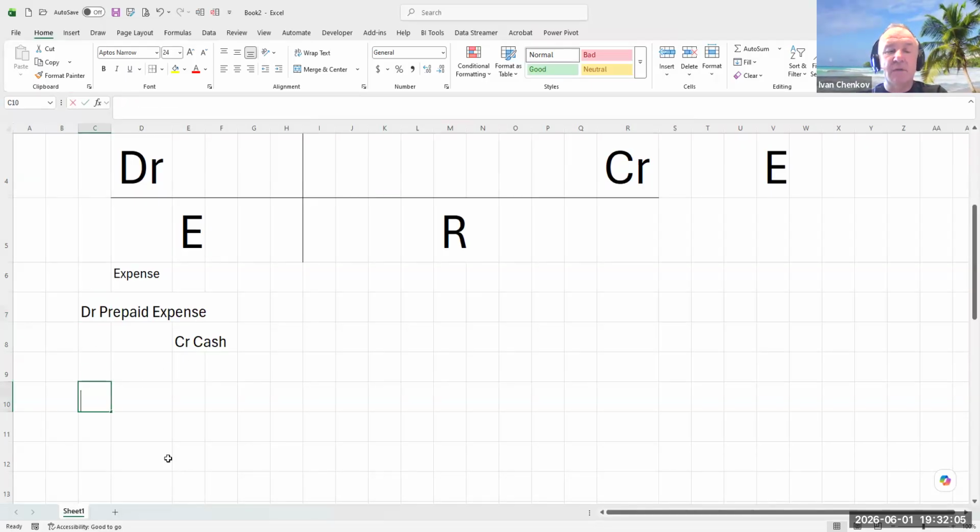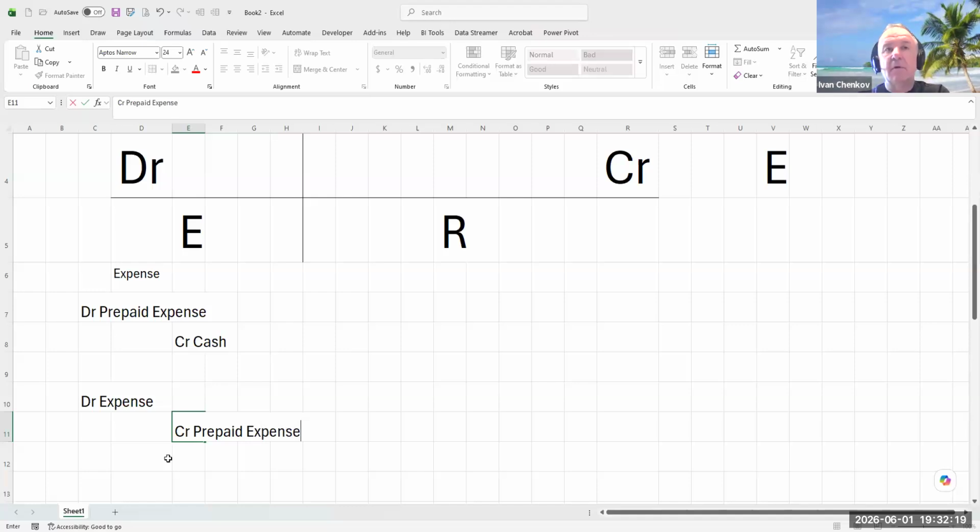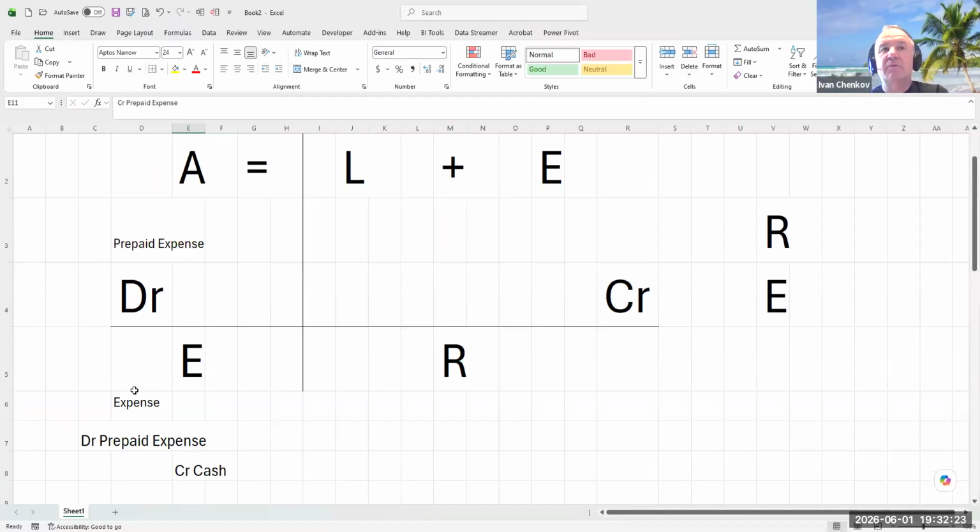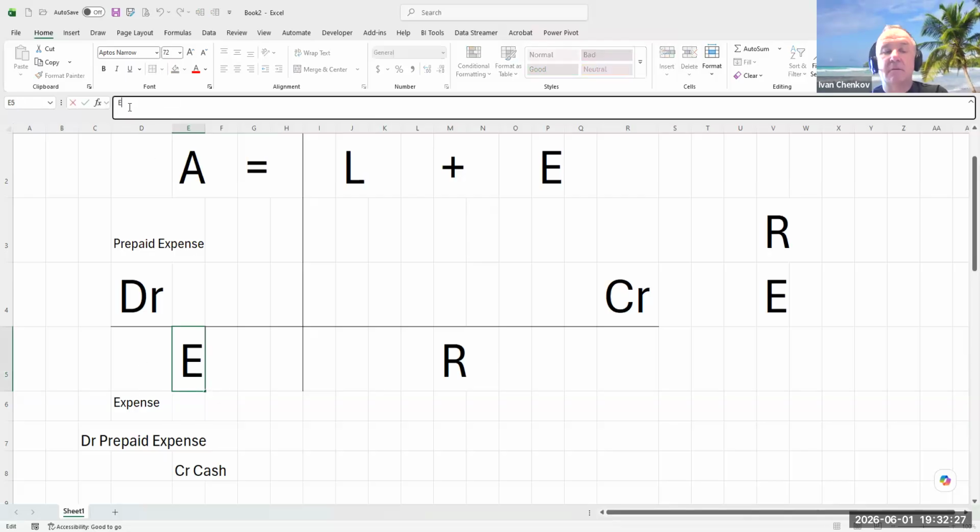So debit expense, and credit will be prepaid expense. And now you move it from asset to expense. Make sense? Yes.